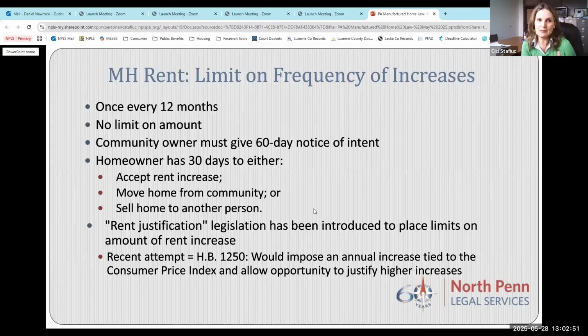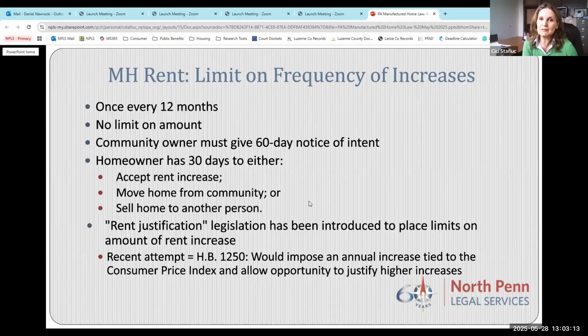The rent can be increased only once every 12 months. It doesn't matter that you have a month-to-month lease. You can only increase it once in a calendar year. There's no limit on the amount that you can increase, so there's no cap. But you are only allowed to do it once.